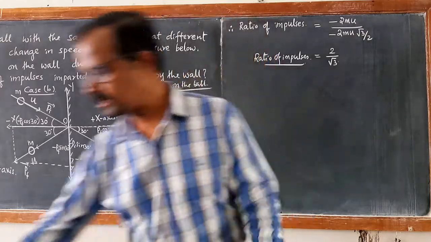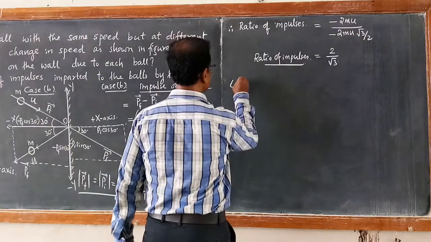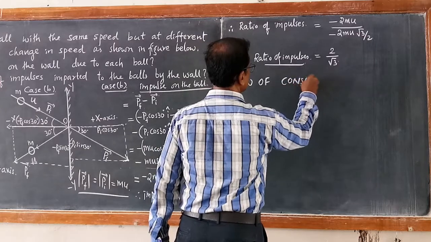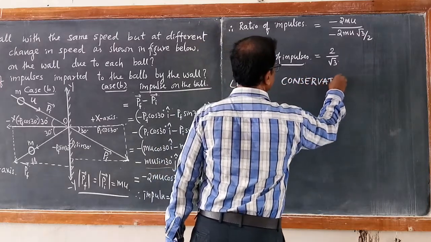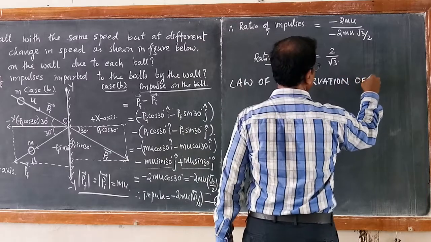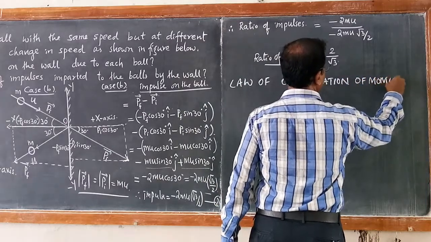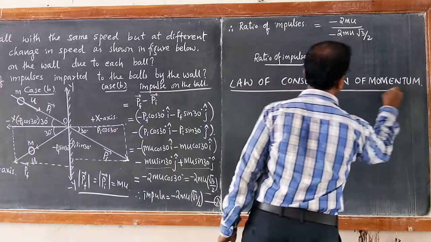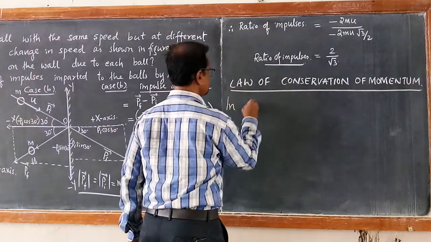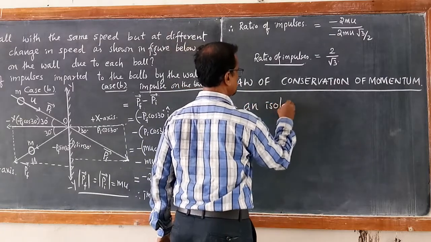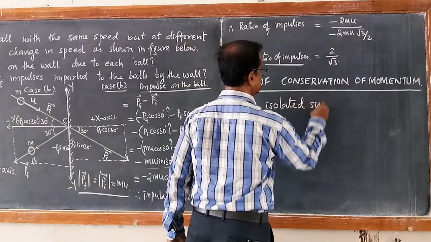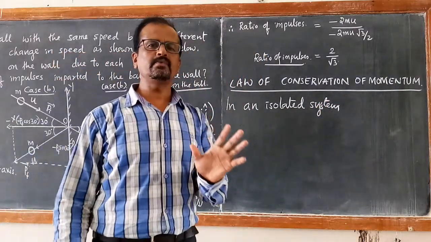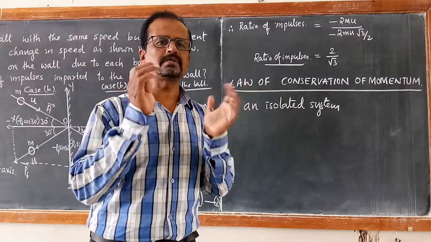So I will write the statement first. Law of conservation of momentum. In an isolated system, the total momentum of interacting particles remains conserved. An isolated system is that system where there is no external force acting.